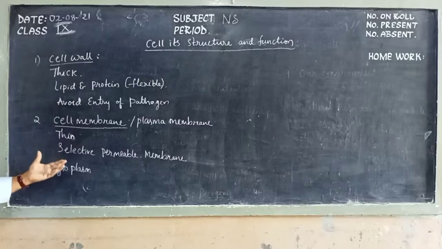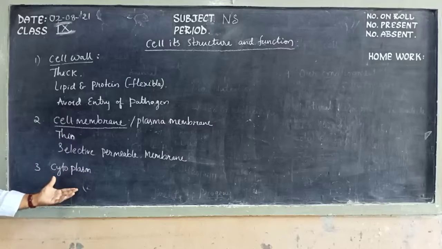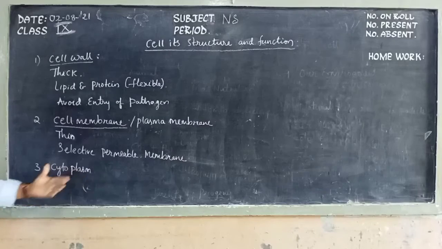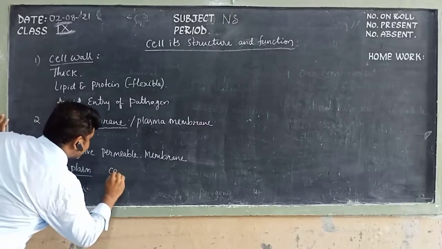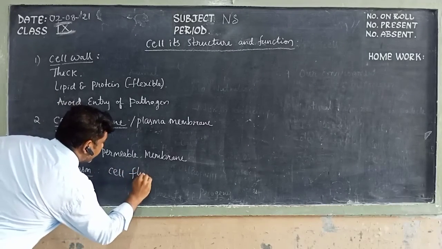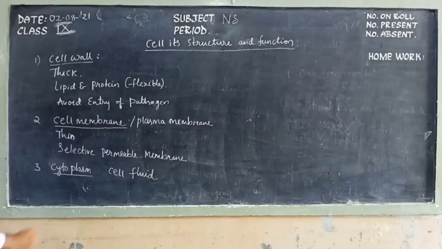These are a few of the cell organelles present in plant cells. Now, what is the cytoplasm? Cytoplasm is nothing but cell fluid. Now, what is the role of this cytoplasm?